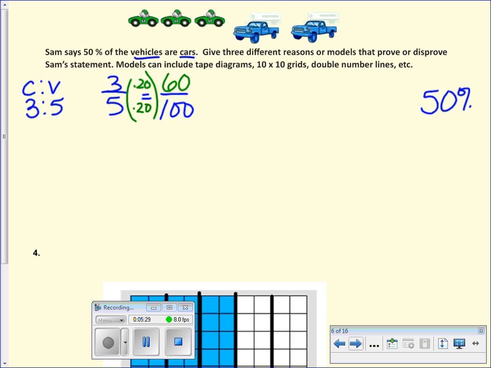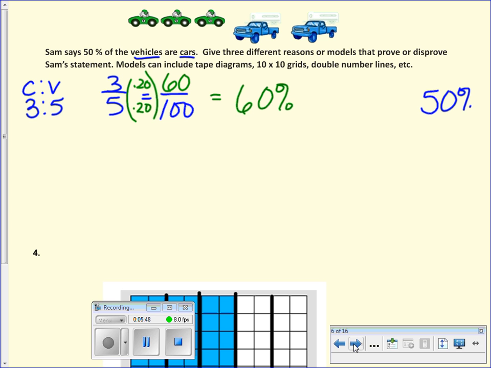Okay, we had to use a constant. 5 times 20 is 100. 3 times 20 is 60. So 60 over 100 can be written as 60%.